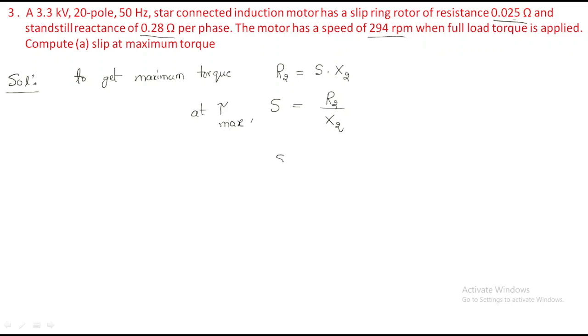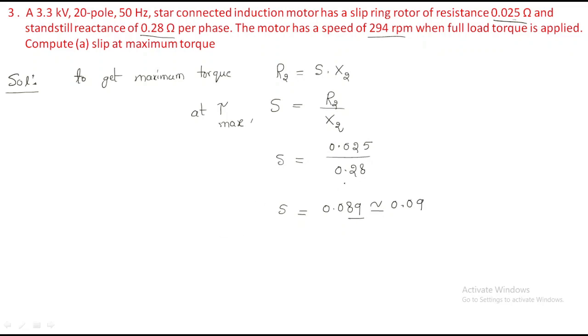Resistance value is 0.025, reactance is 0.28. Then the slip is approximately 0.089, which I can take as 0.09.